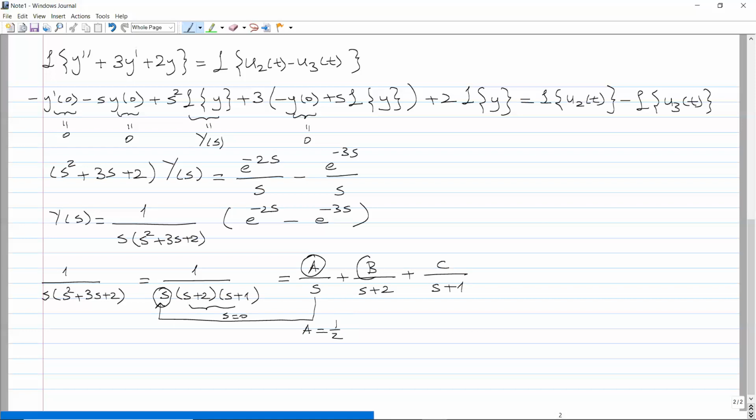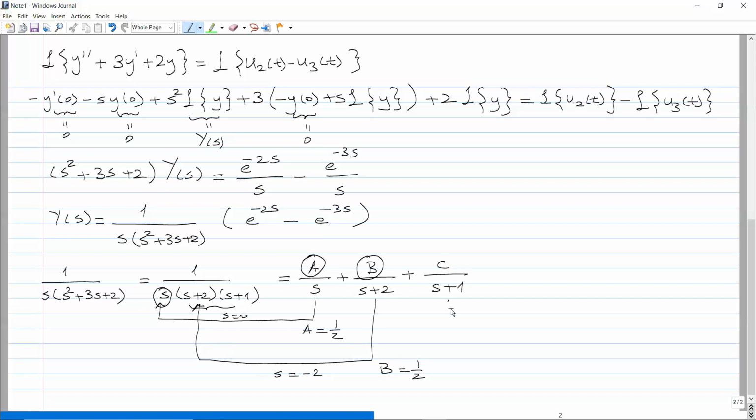To find B, it goes with s plus 2. So you disregard s plus 2, and in the remaining terms, you substitute s equals minus 2, because s equals minus 2 makes the denominator s plus 2 zero. So s is minus 2, s plus 1 is minus 1, so B is also 1/2.